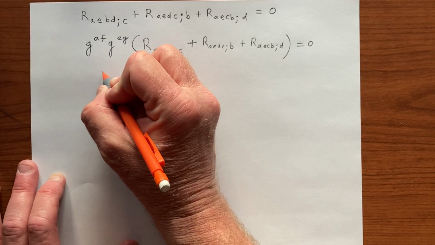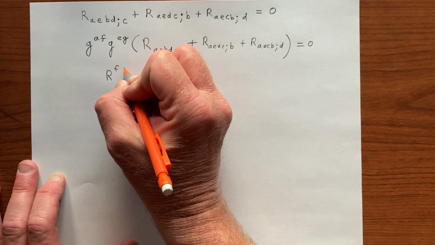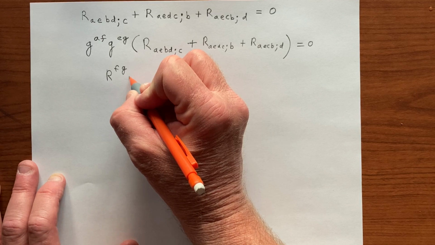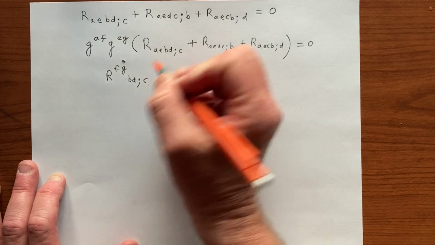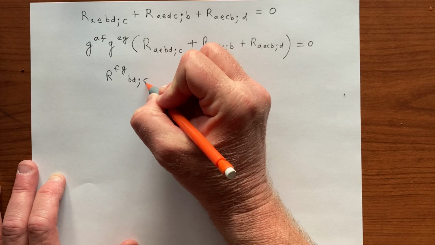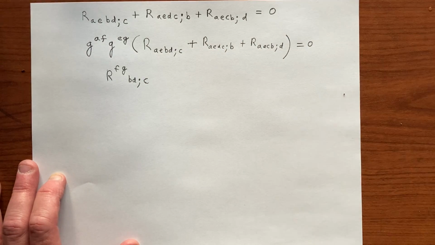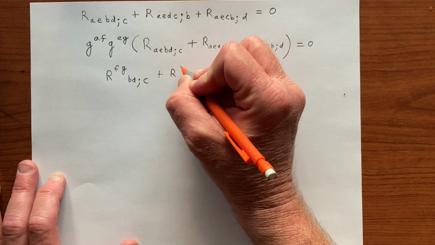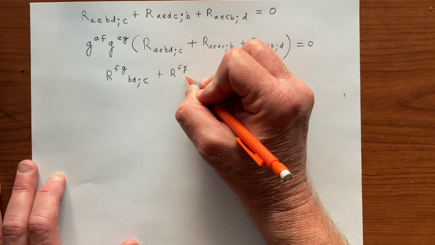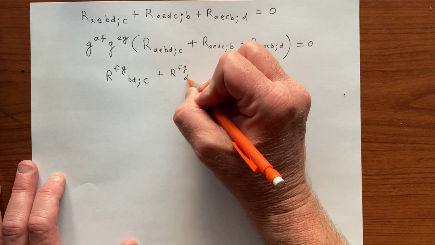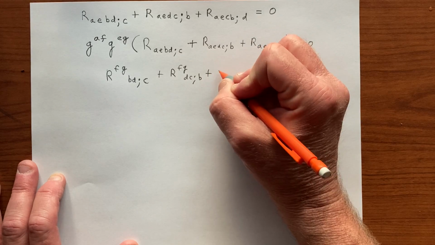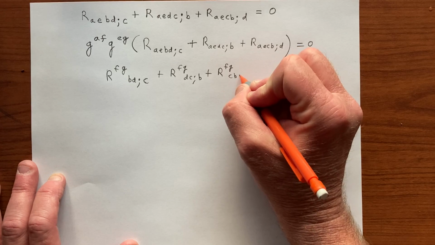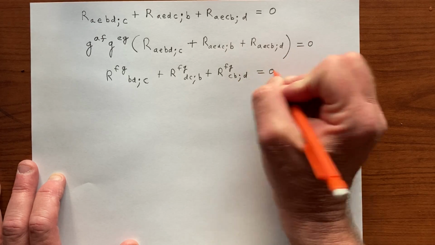And so now we have an R^FG, because we've raised these two indices to F and G. We still have BD here, and covariant derivative C. Here we have R^FG_DC;B plus R^FG_CB;D, and this is equal to 0.